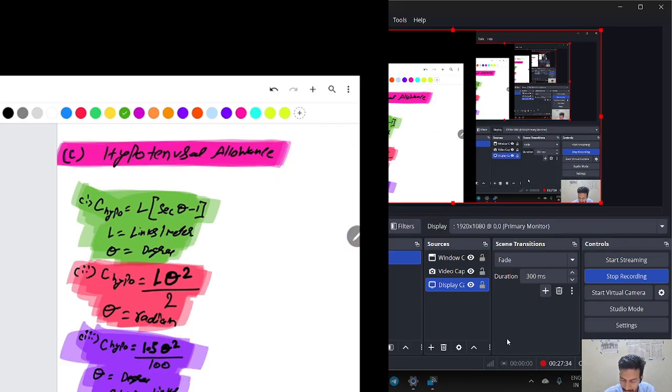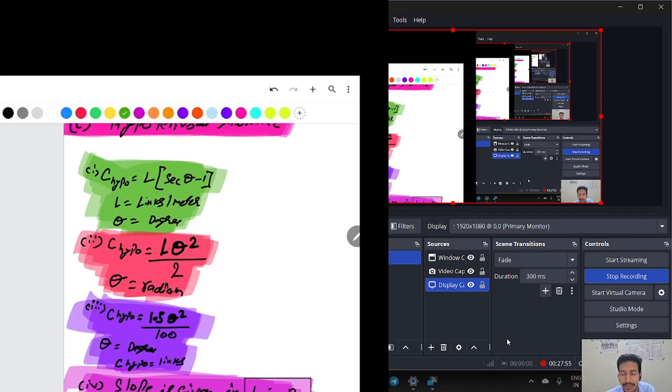L stands for length in meters. Theta is in degrees, which we usually know. So the simplest formula for hypotenuse correction is L times (sec theta minus 1). Second, if theta is given in radians, then how will we find the hypotenuse correction?